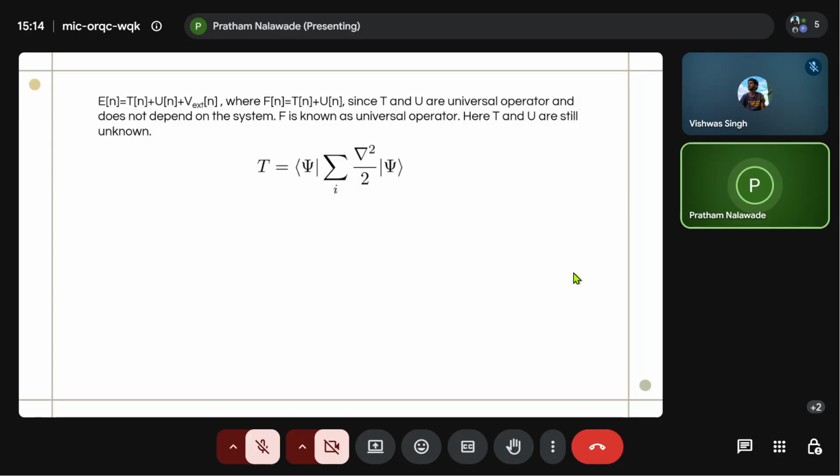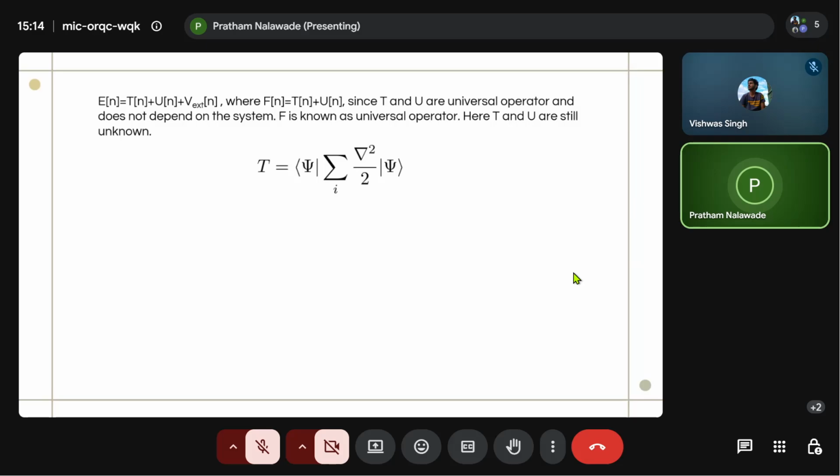Yeah, so we have already written our V external in terms of charge density. Now this T of n and U of n, together they are called universal operators, or you can say universal functionals, because you will find these two terms in all systems.